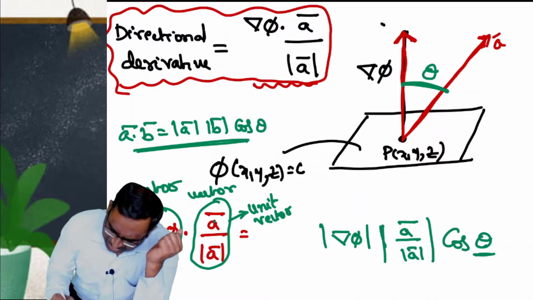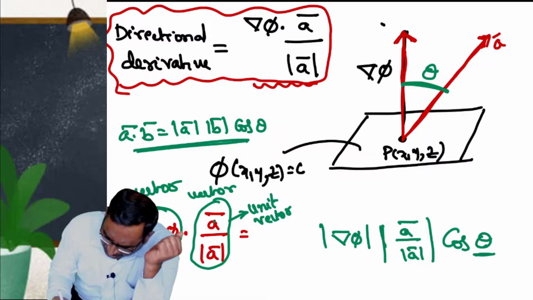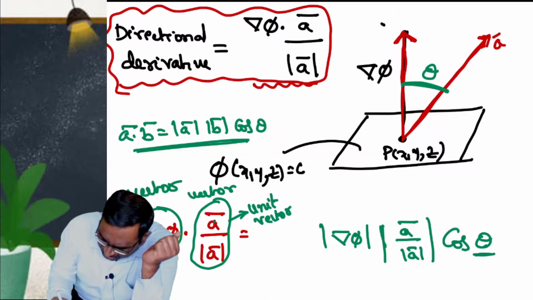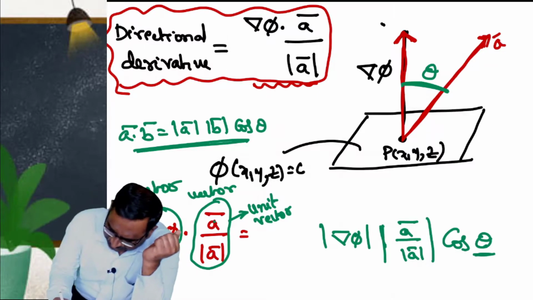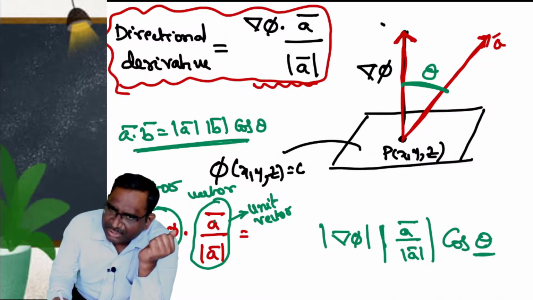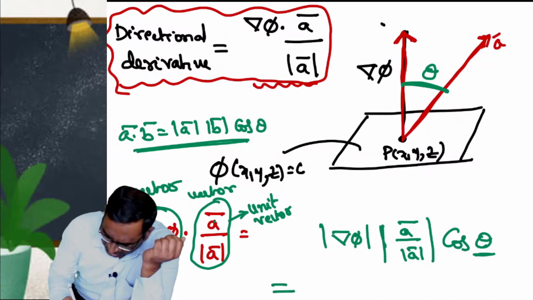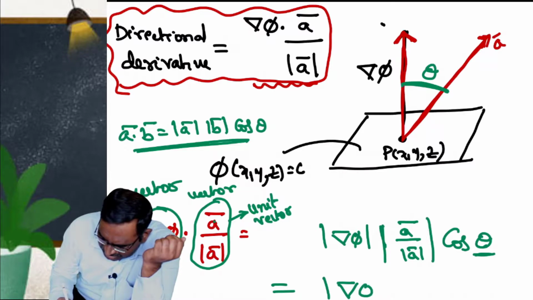The modulus of a unit vector is 1. Therefore, it is simply modulus of del phi cos theta.